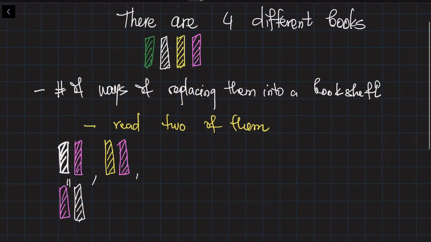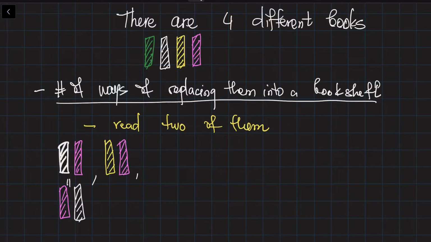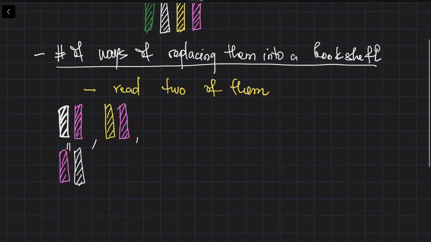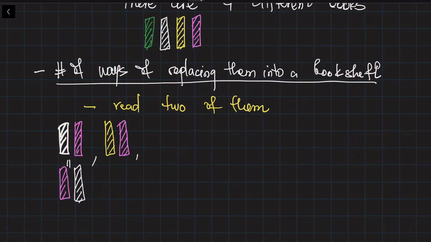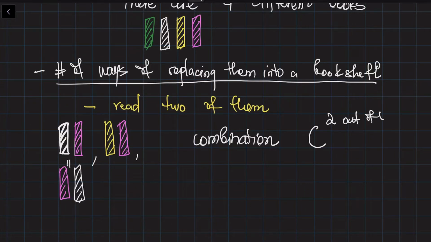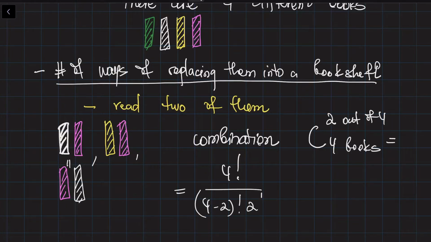While if you remember, for the permutation case it is important in which order you're choosing or putting the books, right? Now if you just need to choose any 2 books out of 4, it is calculated using the so-called combinations formula. So we need to choose 2 books out of 4, and it's going to be equal to 4 factorial divided by 4 minus 2 factorial multiplied by 2 factorial.